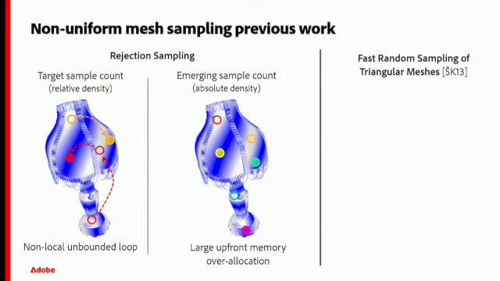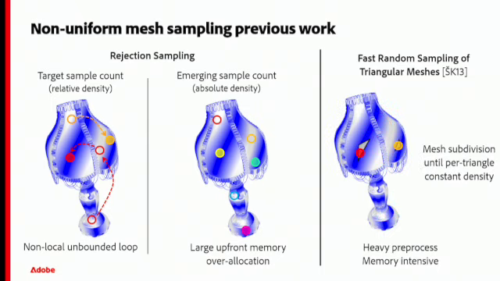When the sample count is emerging, the strategy is typically to first create a bunch of sample candidates over the whole surface in a uniform manner, according to the maximum density of the mesh. So we really need a large set of candidates, and simply accept or reject each sample based on a single lookup.